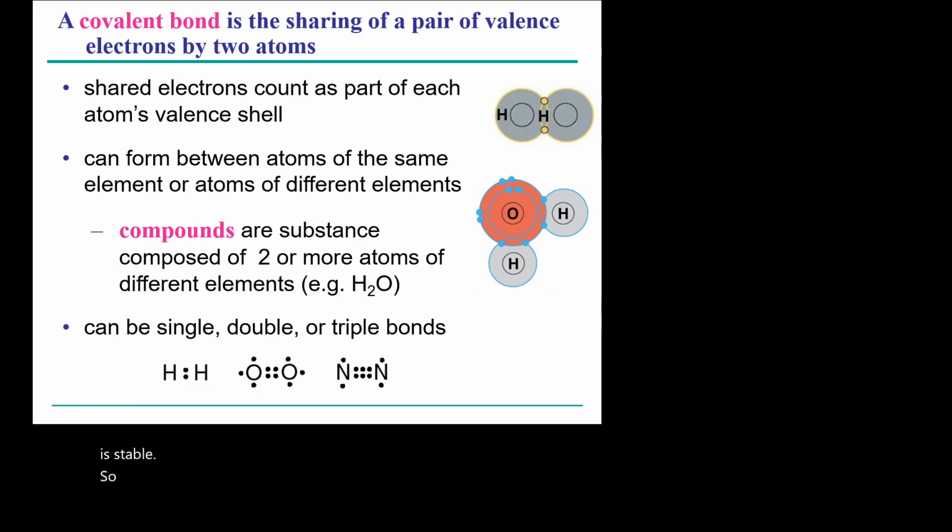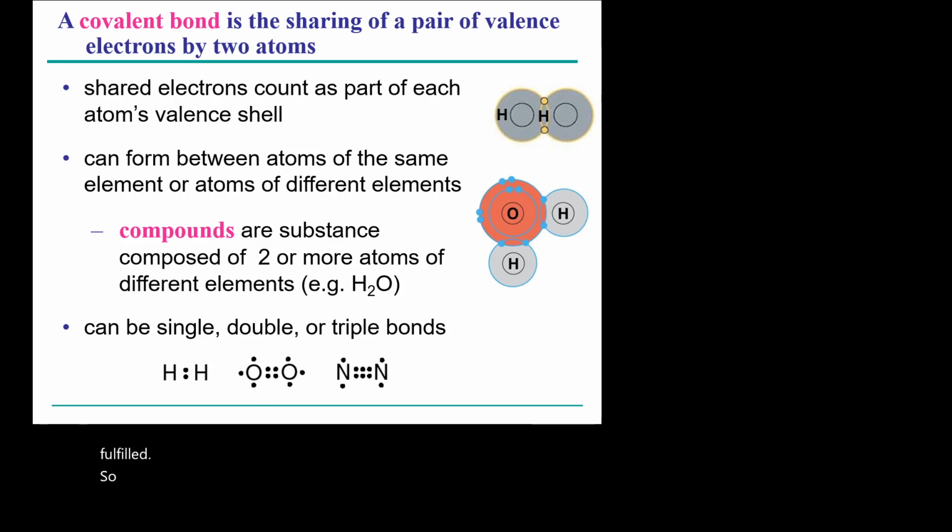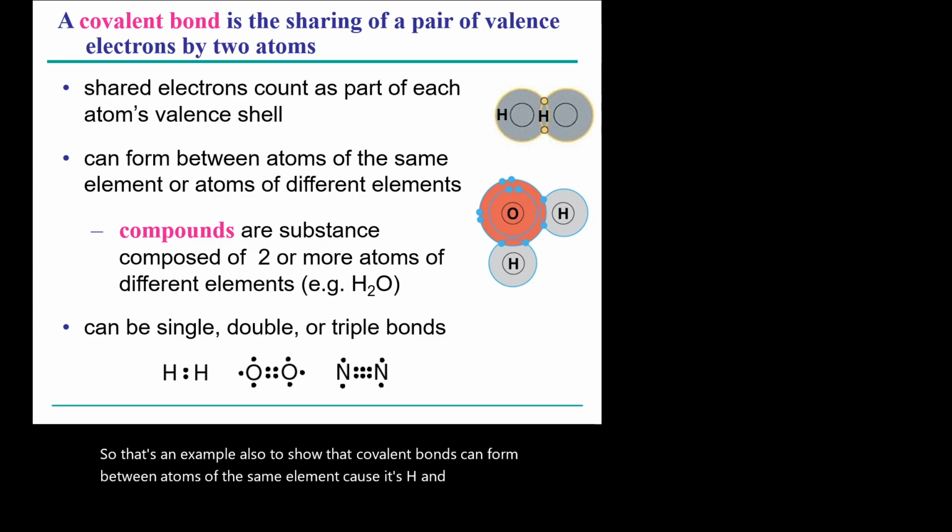So if you had an environment where there was hydrogen with one valence electron just floating around, they would want to link up together to form covalent bonds, because this is how they're going to be stable and have that outer valence shell fulfilled. So that's also an example to show that covalent bonds can form between atoms of the same element, because it's H and H, hydrogen and hydrogen.